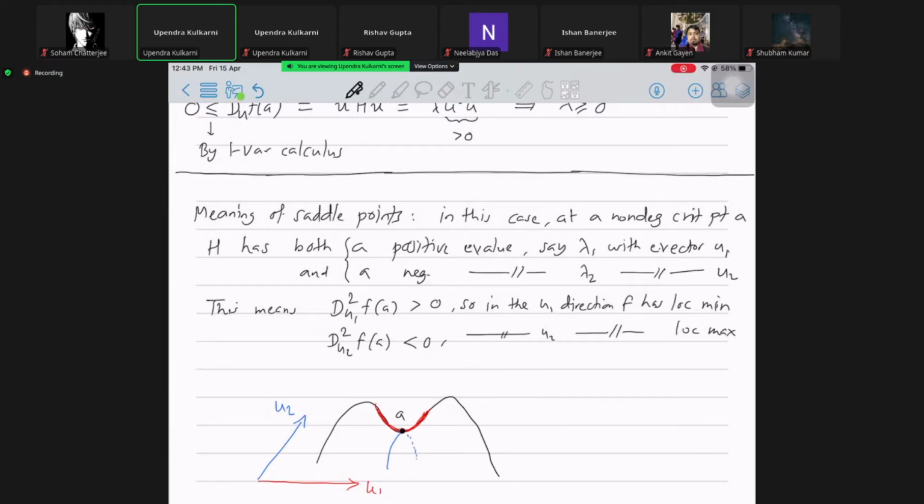This is a function of two variables, so this is z equals f of x comma y. And in the plane, I have just chosen two directions. And the z axis is over here. So z is the vertical.